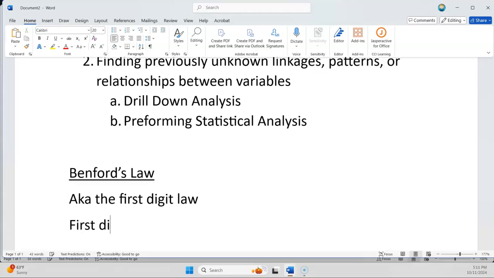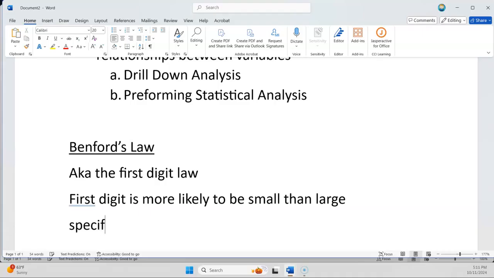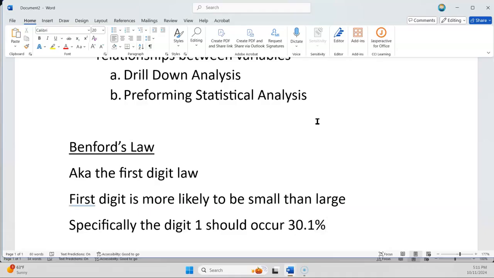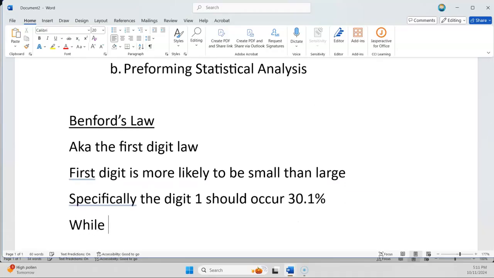So specifically, the digit 1 should occur around 30.1% of the time, as opposed to the digit 9, which is expected to appear about 4.6% of the time.